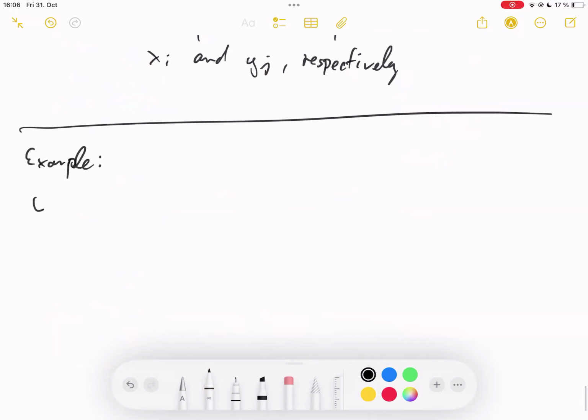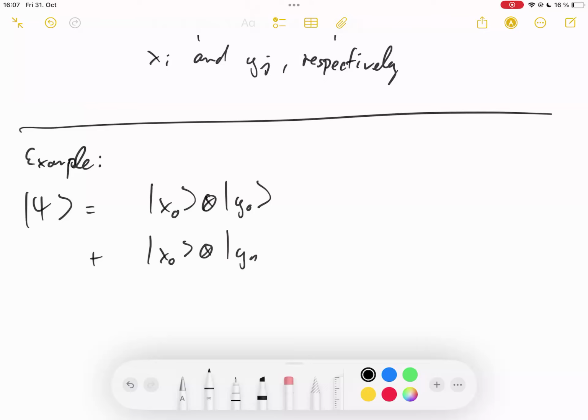So we can say our psi cat is the following. I'm just writing down, first of all, the basic vectors. So the tensor product of x0 and y0, then x0 and y1.